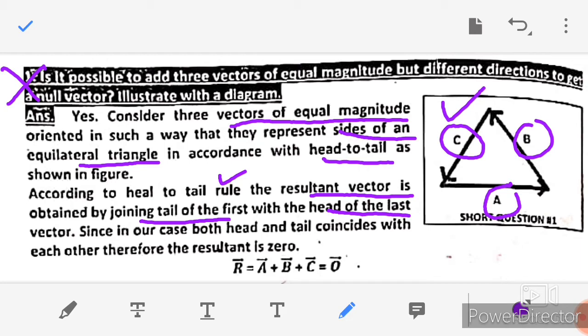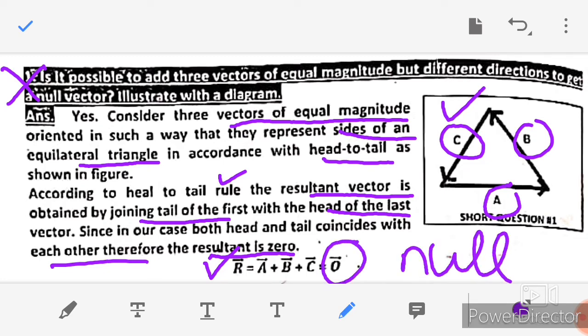Since in our case both heads and tails coincide with each other, therefore the resultant is 0. Resultant is equal to vector A plus vector B plus vector C, which is equal to 0 or null. So this is the answer of question number 1.